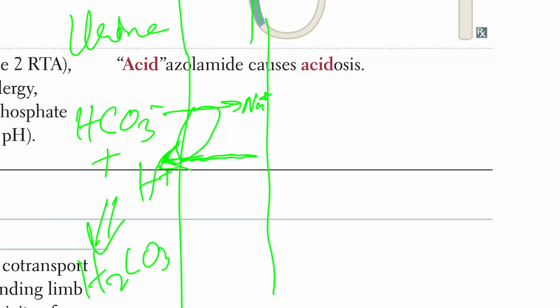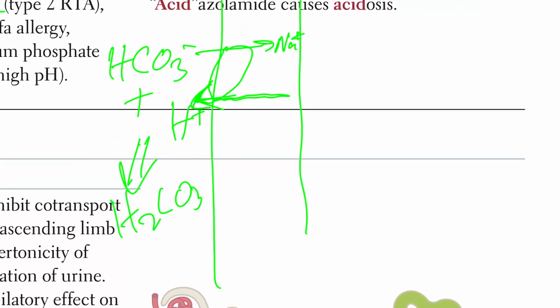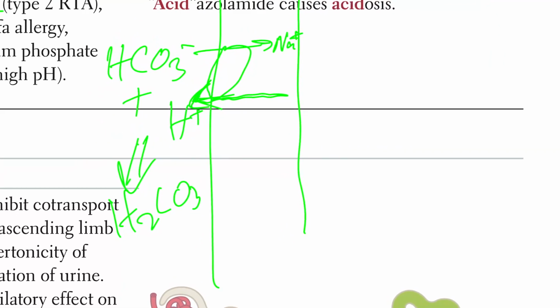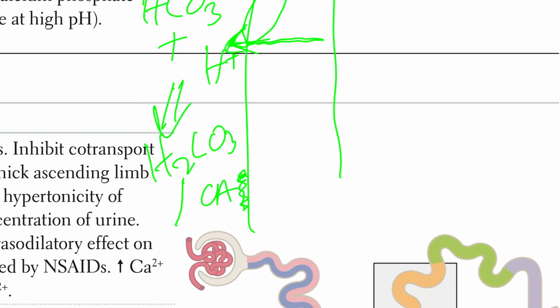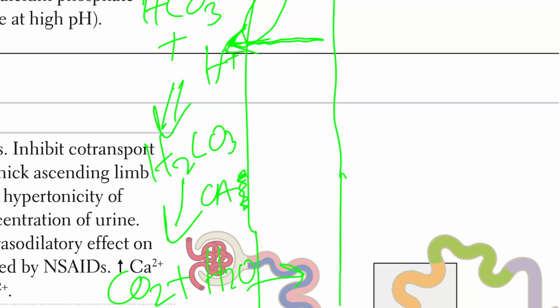So we formed H2CO3. That H2CO3, the carbonic anhydrase, which is present here on the epithelial cells, converts H2CO3 into CO2 plus water, and they easily go back in.